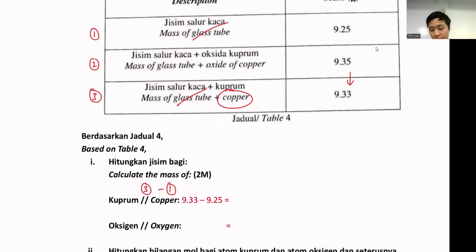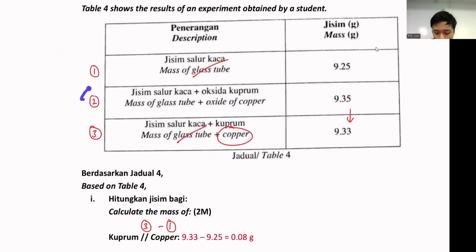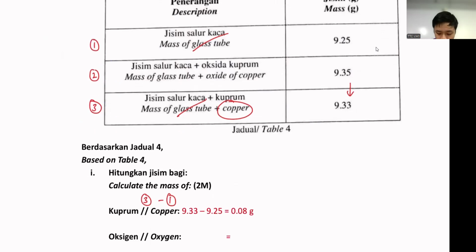You have to state, if they didn't give you copper or oxygen, that the mass of copper equals this, to tell the examiner whether you are calculating the mass of Cu or the mass of O. You have to state it for them. You will get 0.08 gram, and the unit is important. Then for oxygen, you have to use 2 minus 3 in this case.